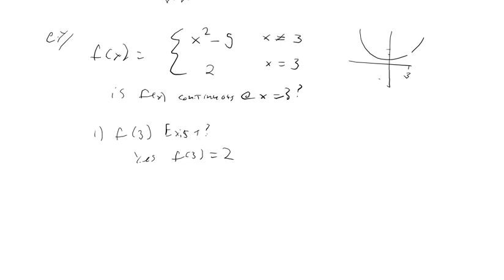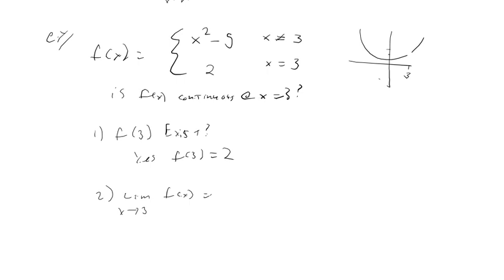We're trying to test, does this 2 spot fill up the missing piece of this function at 3? So now we test the limit as x approaches 3 of f of x. What's our limit? Well, we have one function. Do I need to test a left and a right?